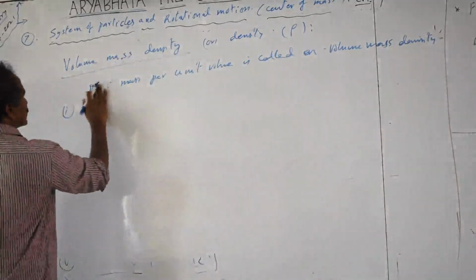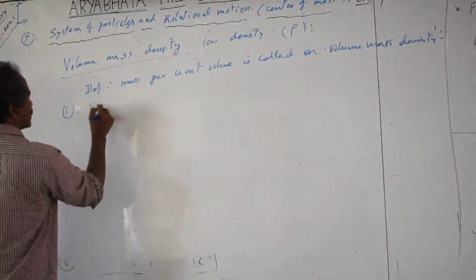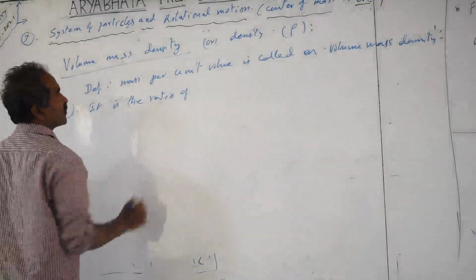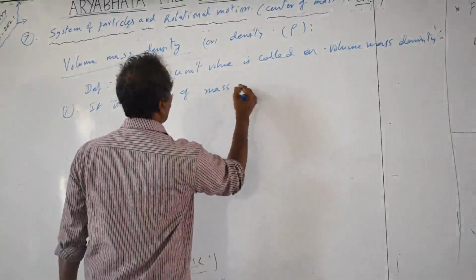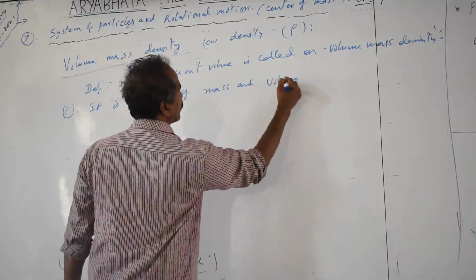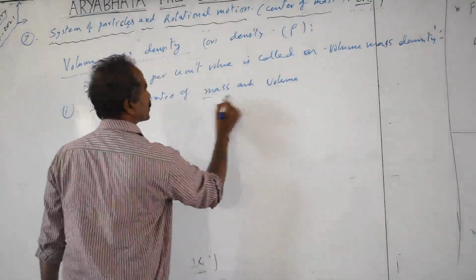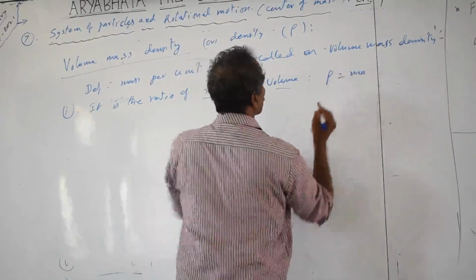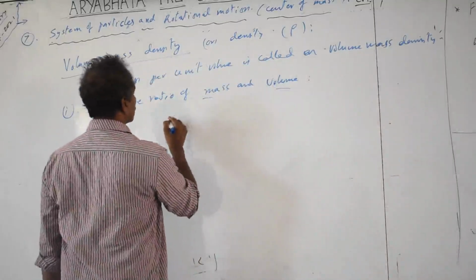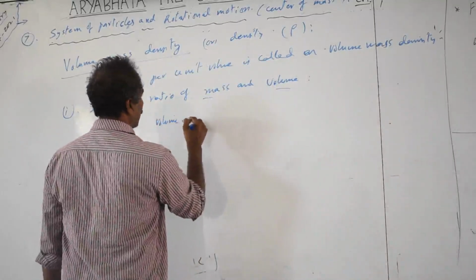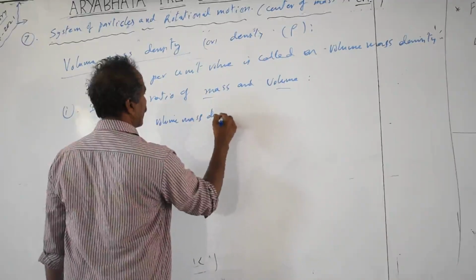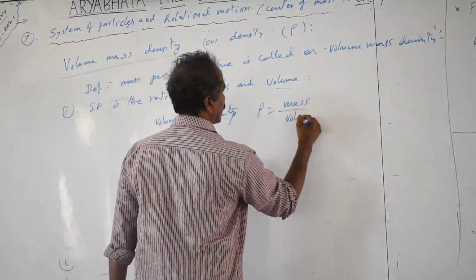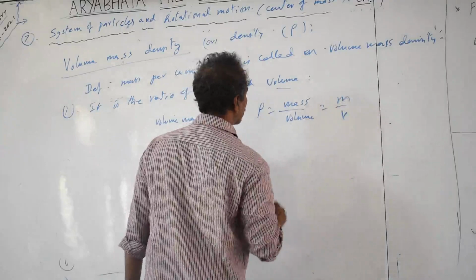The points. It is the ratio of mass and volume. That means rho equals mass by volume, m by v.